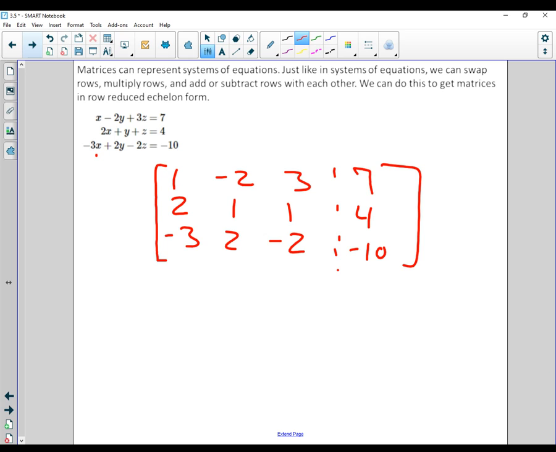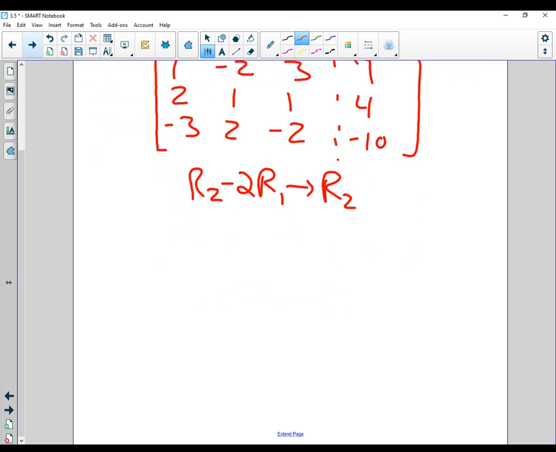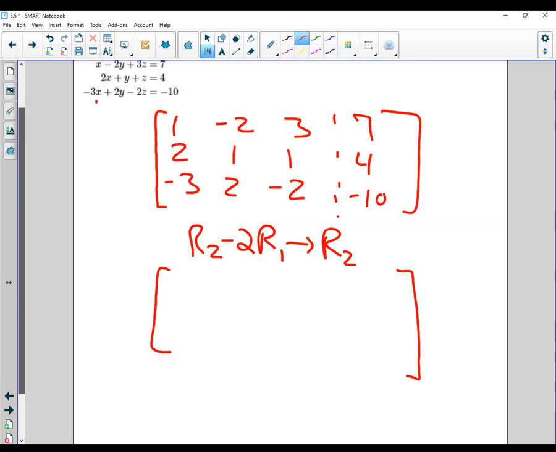I could take row 2 minus 2 times row 1 and throw it back into row 2. So if I take row 2 and I'm subtracting 2 times row 1. 2 times row 1, this will get a 2, right? 2 times all of this, 2. 2 minus 2 gets me 0, which is what I wanted, right?